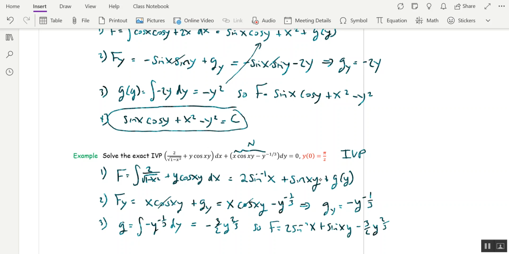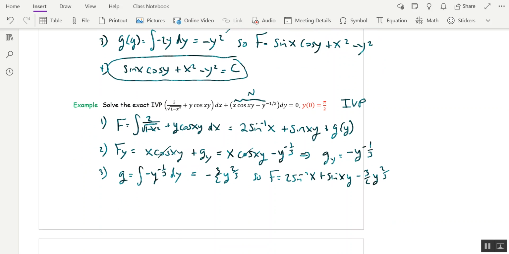So our general solution, we're not done. Step 4, we're just going to write down the general solution. General solution is big F equals C. So 2 sine inverse x plus sine xy minus 3/2 y to the 2/3 equals C.